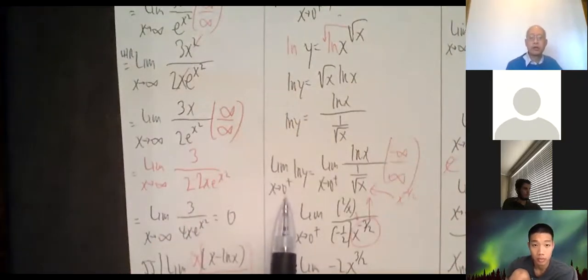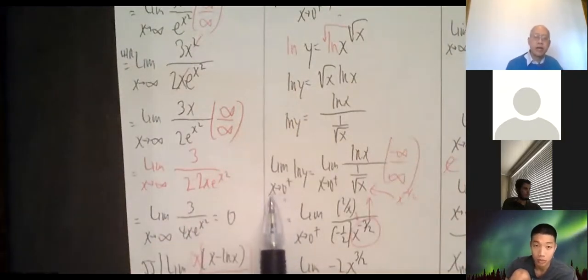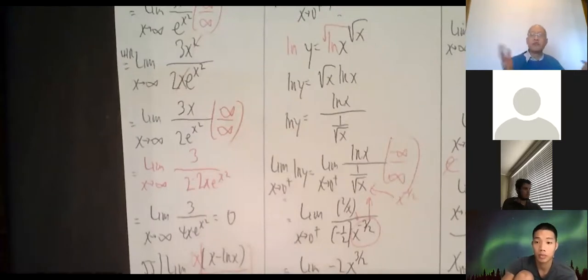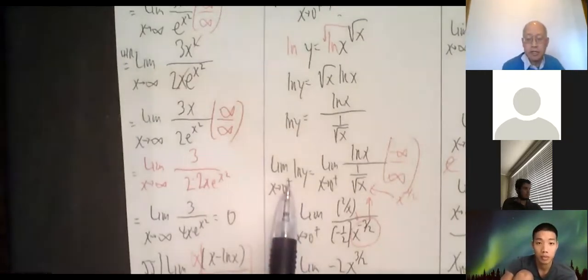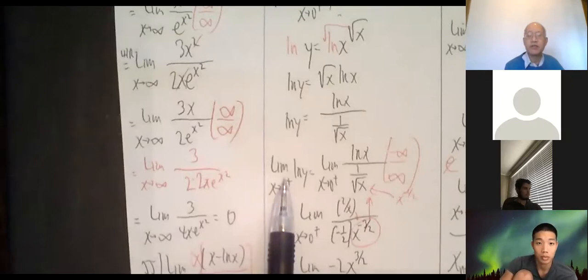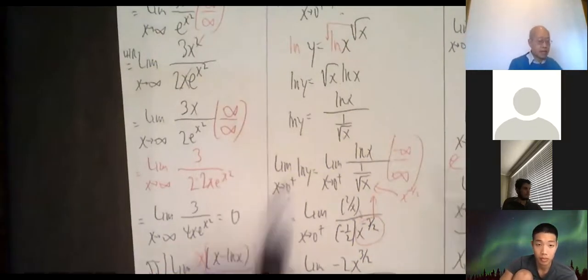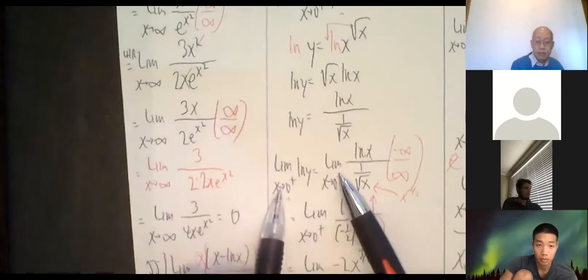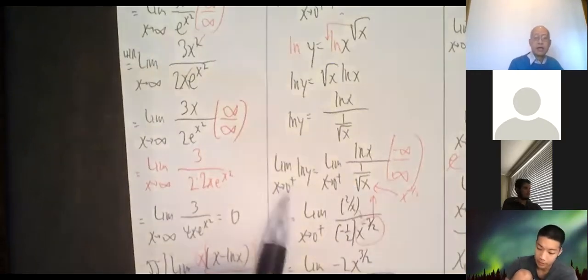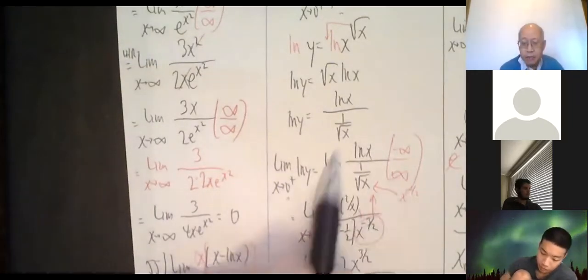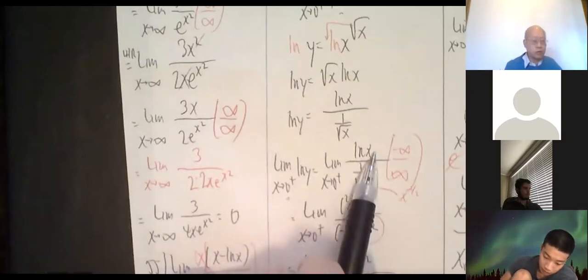Now, what are we doing to both sides? We're taking the limit as x approaches 0 from the right of both sides, which is legitimate. It takes longer to say all that compared to saying, oh, multiply by 2, but you're still doing the same thing. This is the thing that I added to both sides, right?